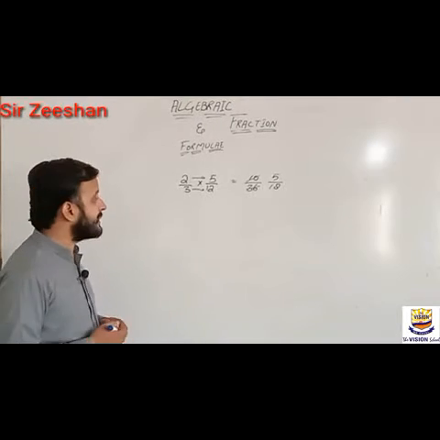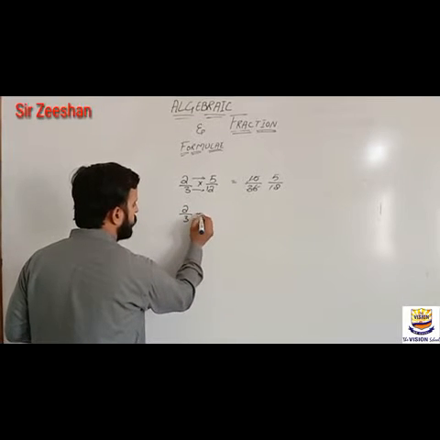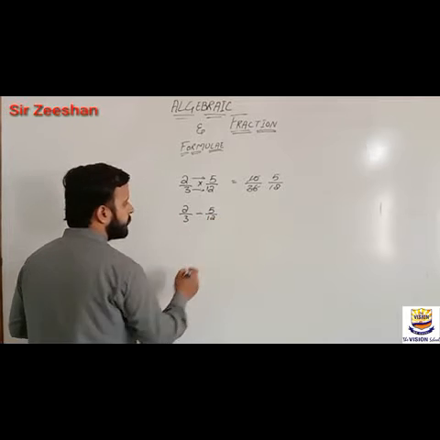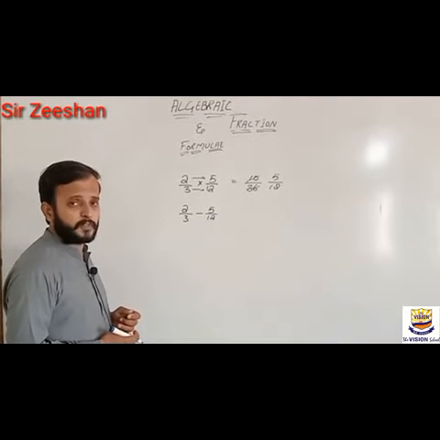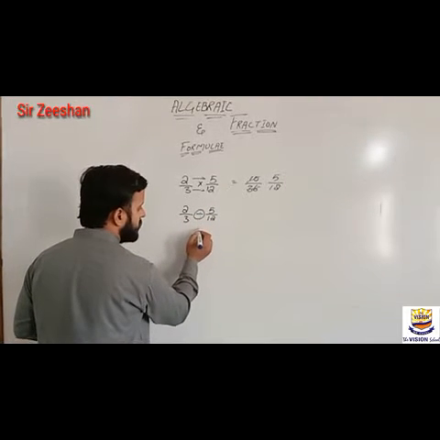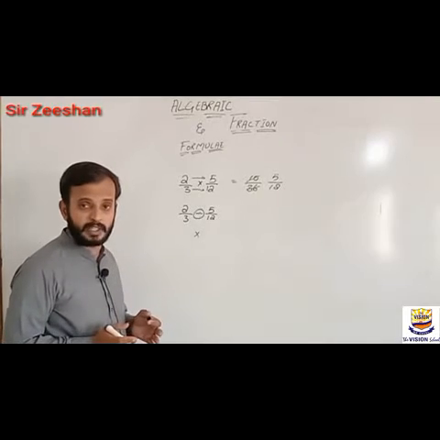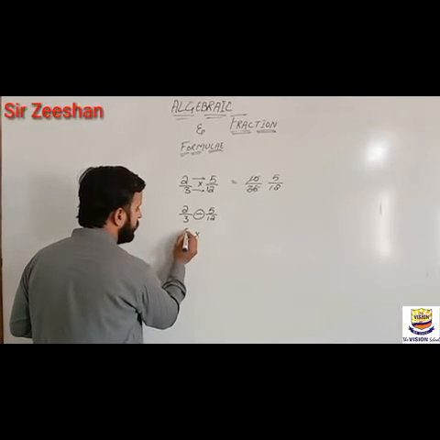And what if the same fractions have a division sign in between? Let's talk about that. If we have a division sign in between two fractions, we are supposed to change this division sign into multiplication. And for changing the sign of division into multiplication, we need to change the position of the second value.